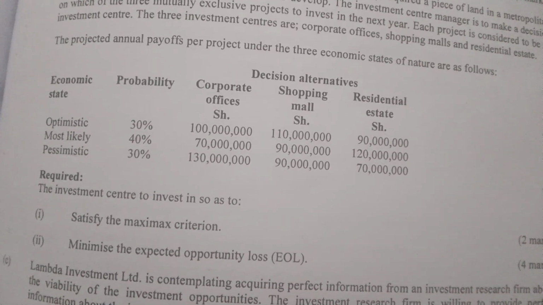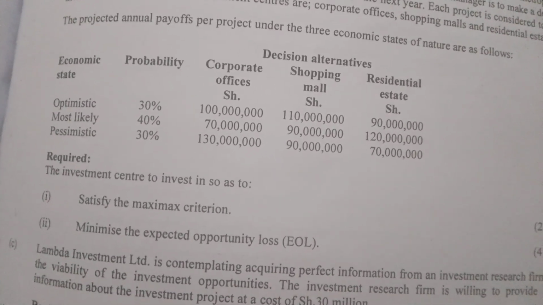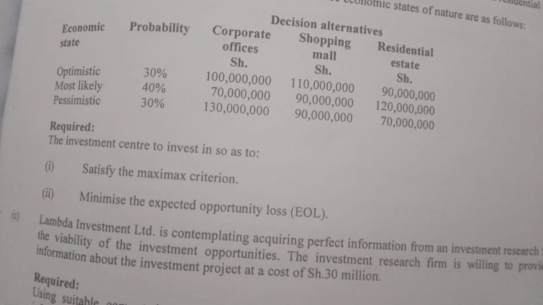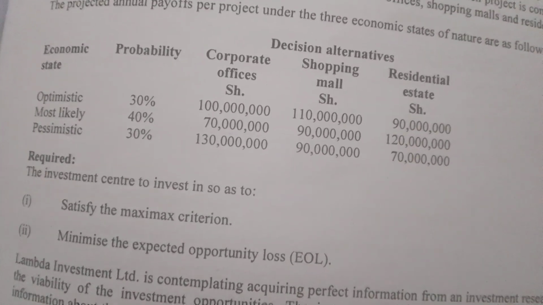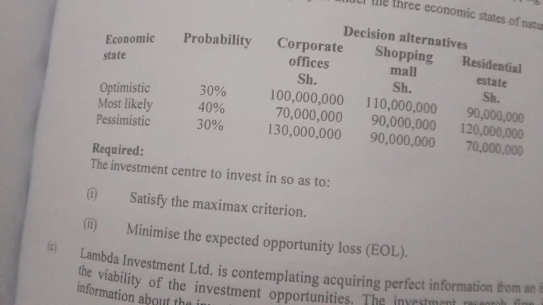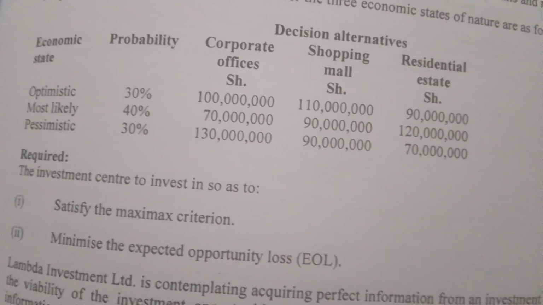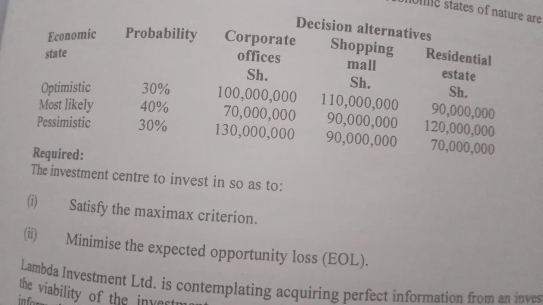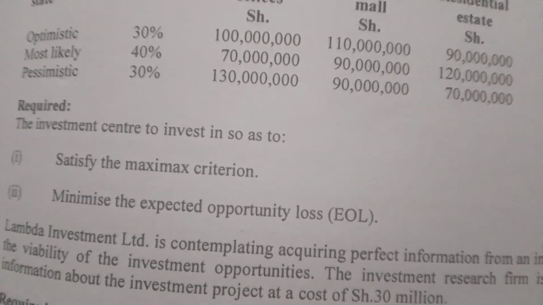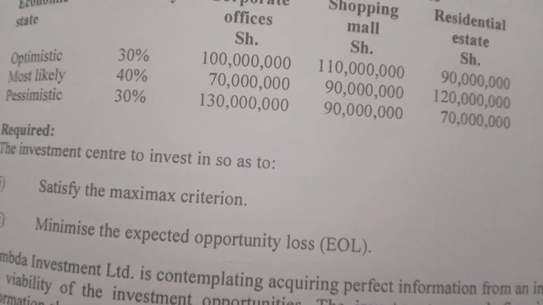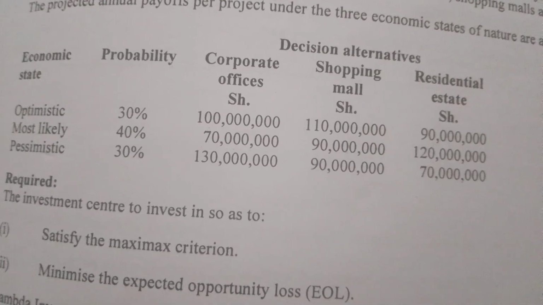You can see you are given economic state, optimistic, most likely, pessimistic. Probabilities are given. Then you are given decision alternatives. Our decision alternatives comprise corporate offices, shopping mall, then residential estate.